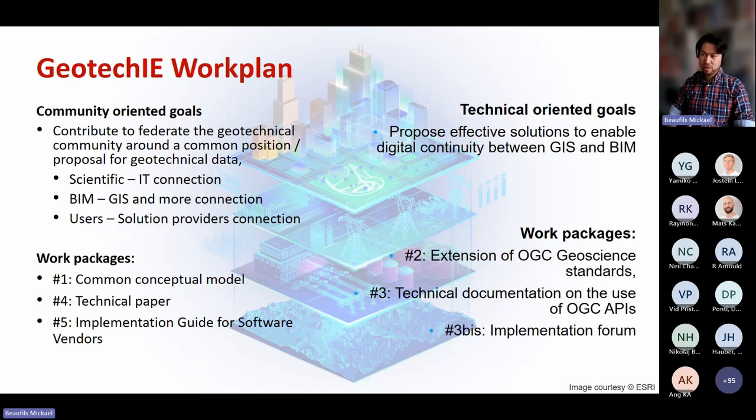On the other hand, defining standards is nice, but we also want them to be implemented. So the idea was to extend the existing OGC GeoScience standards and also provide technical documentation about how to use them with OGC APIs.